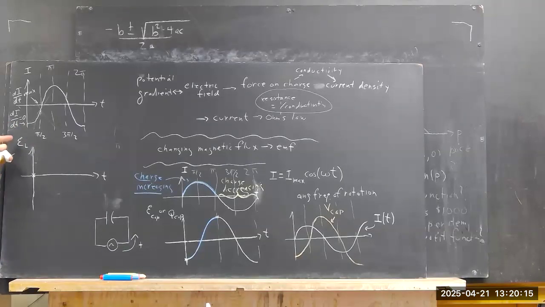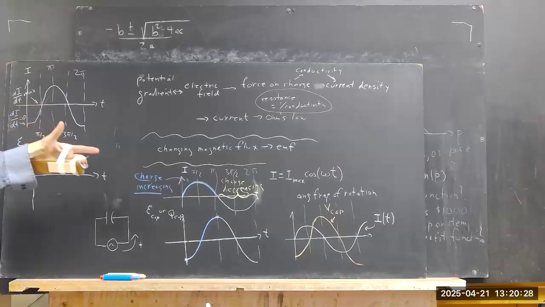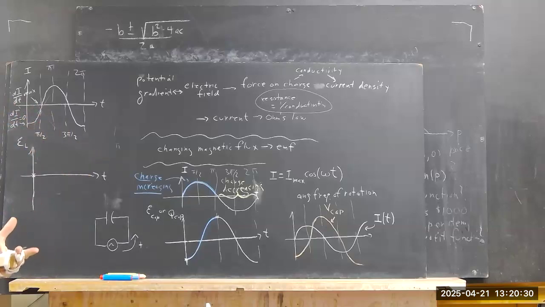Remember, the EMF across the inductor, the back EMF, is the rate of change of flux, which depends on the current. If you've got a current that isn't changing, you're not going to get any back EMF. You're not going to induce any EMF around the loop of whatever it is you're working with. So here, the rate of change of the current is zero, so the EMF is zero.